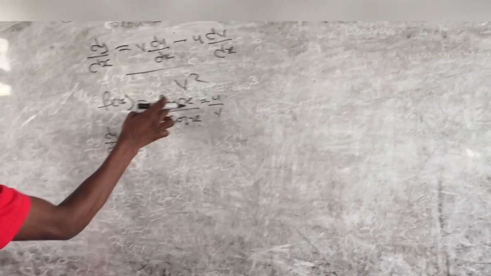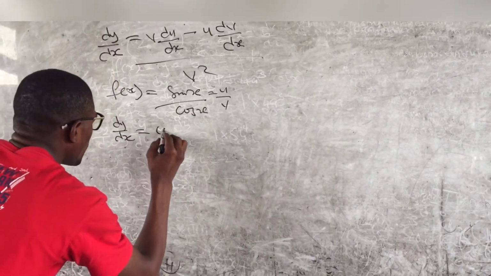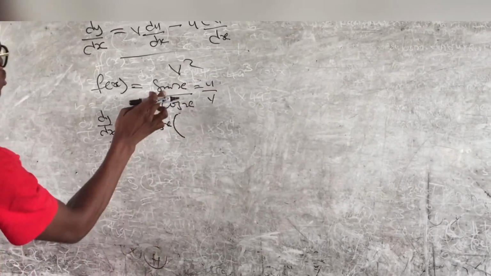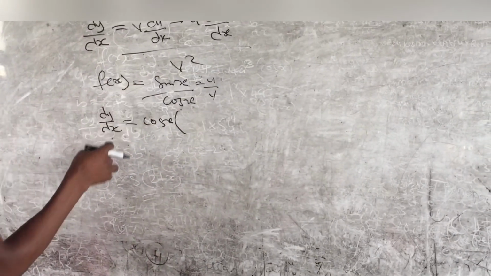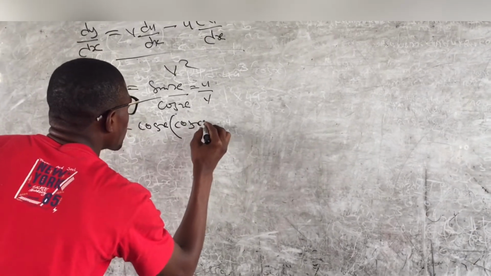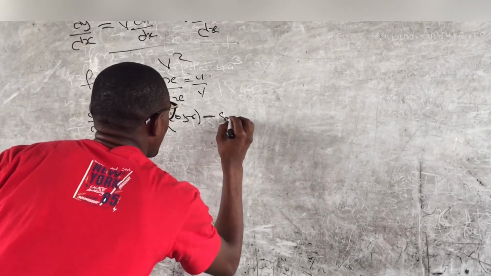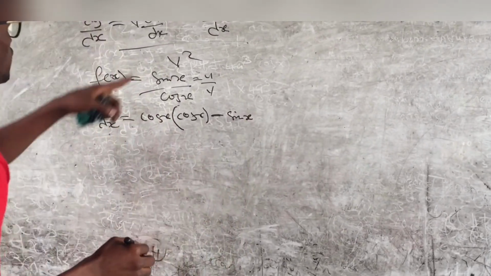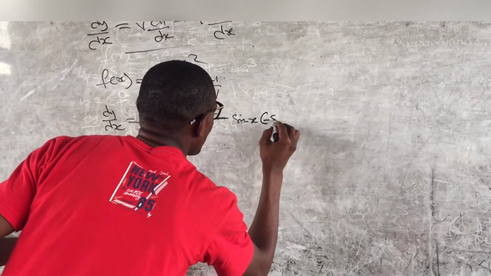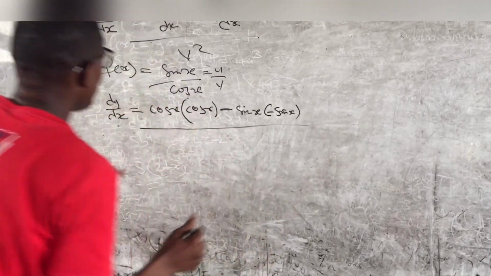So my u is sine x, my v is cos x. First is my v, cos x, open bracket, I'll differentiate my u. If I differentiate sine x, it will give me cos x, minus my u, which is sine x. Differentiate v, my v is cos x. If I differentiate cos x, it will give me minus sine x, all over v squared.